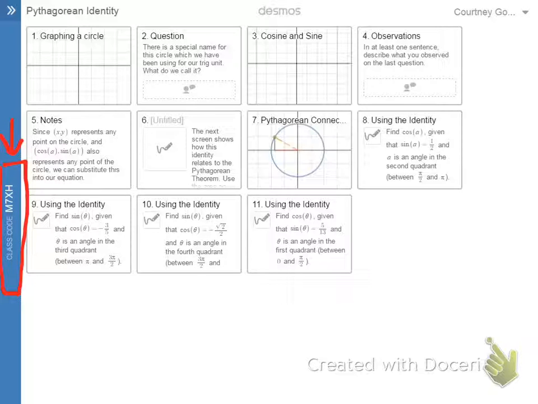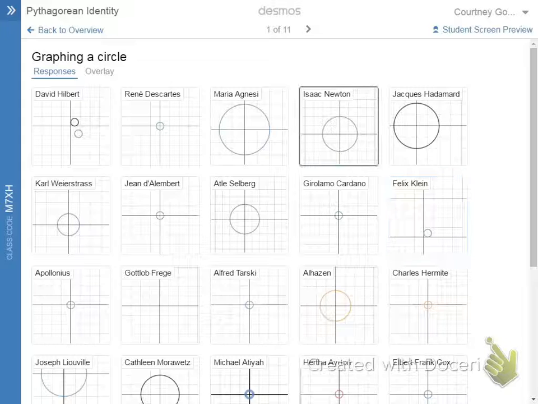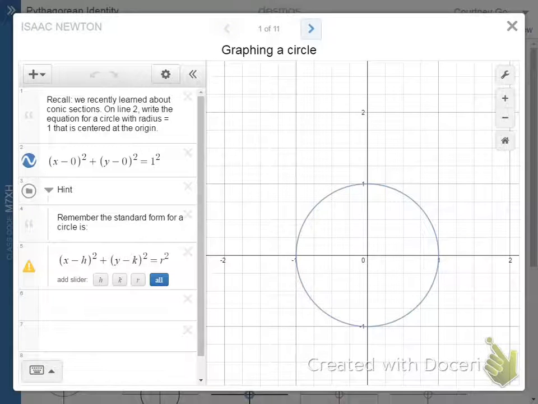Okay, so this is what we did for most of the time in class today. We started off here. The first slide is graphing a circle. Here students were supposed to graph a circle with radius 1 centered at 0, so this might be the equation that you use, or you don't necessarily need those zeros.